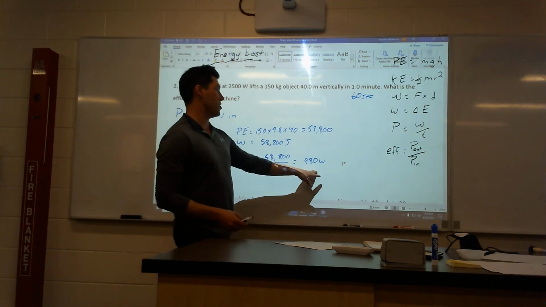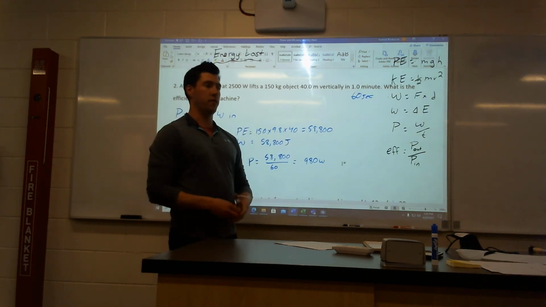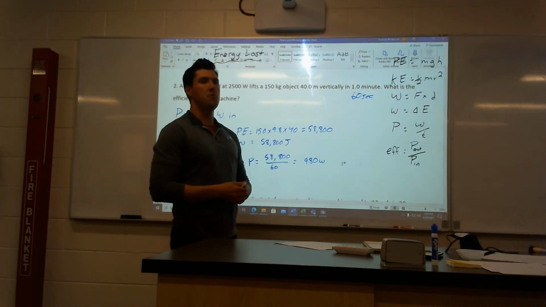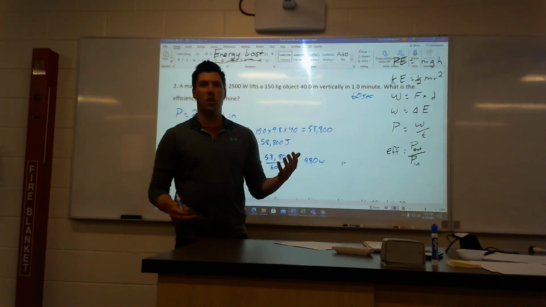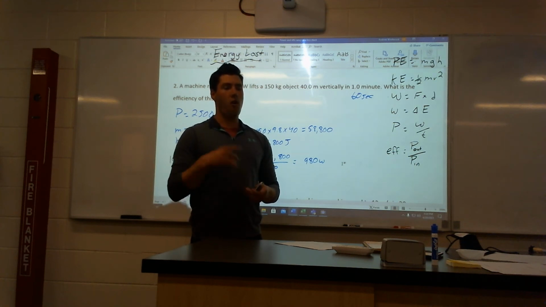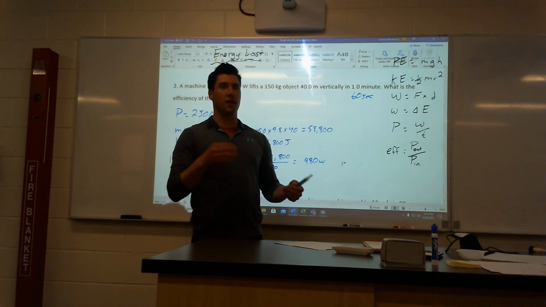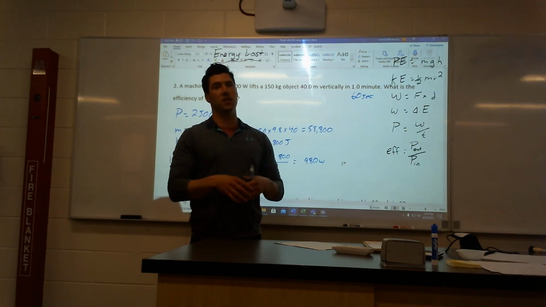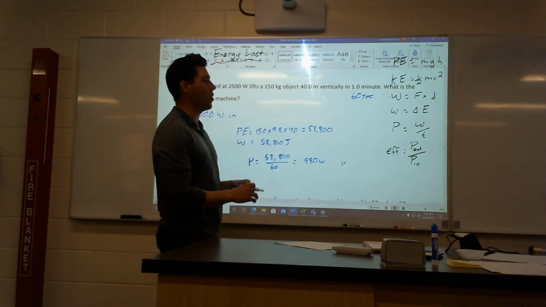There's the power that the machine actually did. It lost a lot of energy obviously because of heat and friction, and most machines aren't actually that efficient. Our cars are only about 30 to 40% efficient, which means of all that gas energy only 30 to 40% makes our car go forward. Most of it turns into heat and other stuff. So unfortunately machines aren't that efficient.